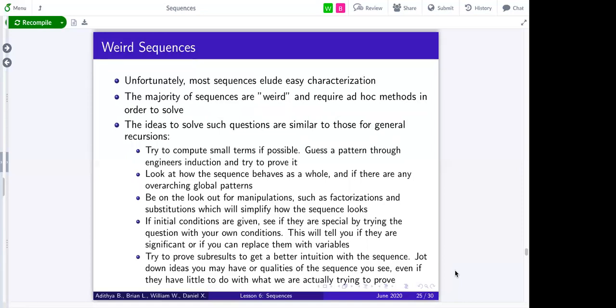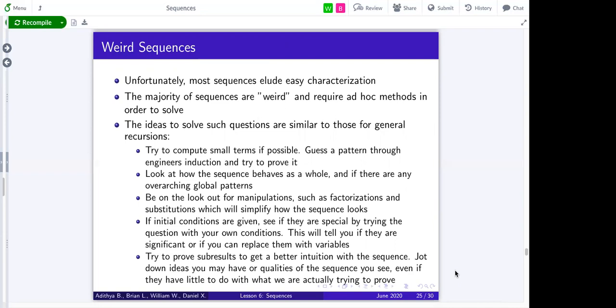Also always be on the lookout for manipulations. Factorizations can often make a problem much easier, and sometimes a simple substitution like A of n is equal to 1 over B of n can really help simplify how the sequence looks. Also, if the initial conditions are given, oftentimes they're just some random numbers in order to extract an answer.